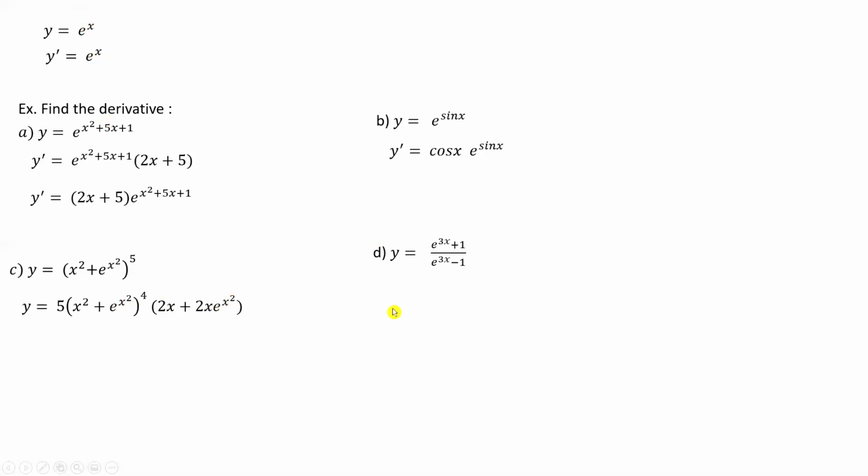Let's do another one. The quotient rule. Again, for those who are tempted to clean that out, simplify it like we did when we had logarithms, we don't have logarithms, so we have to do a quotient rule. The quotient rule, derivative of top times bottom minus top, derivative of bottom over bottom squared. The derivative of the top is the new rule.